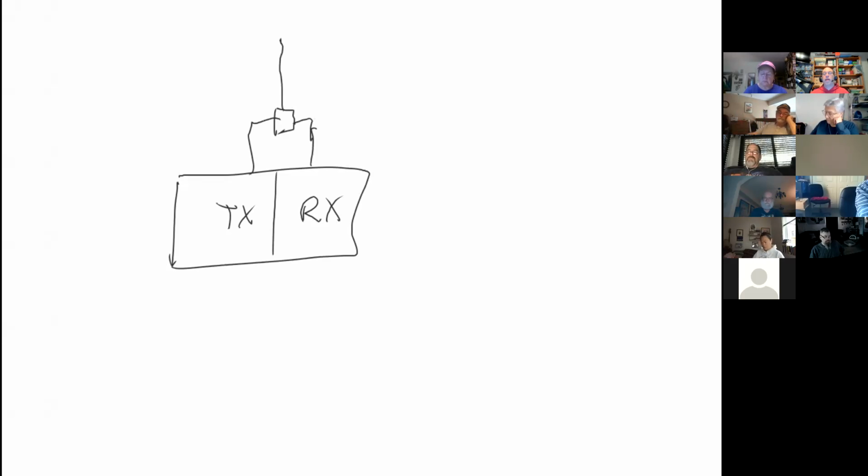What would happen if you transmitted and the receiver was not turned off? You'd overload your receiver. You would destroy your receiver. So inside the transceiver, you have a TR relay that separates the transmitter from the receiver so that when the transmitter is on, it completes this circuit and it isolates the receiver and thus keeps from destroying it. So that's known as a transceiver.